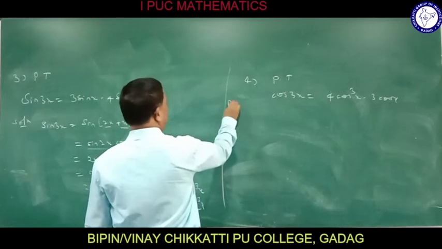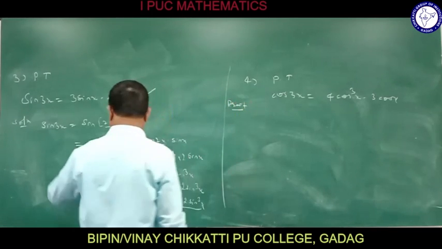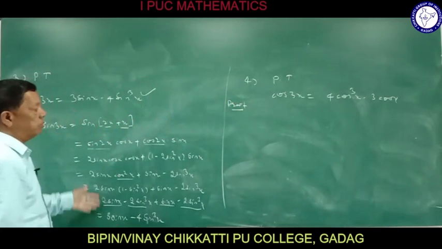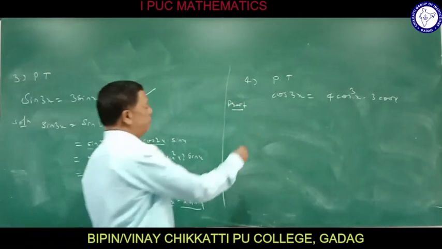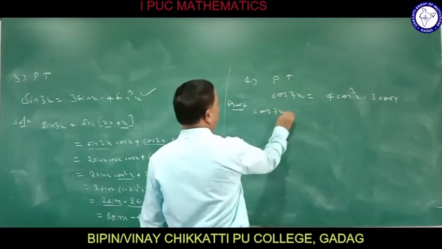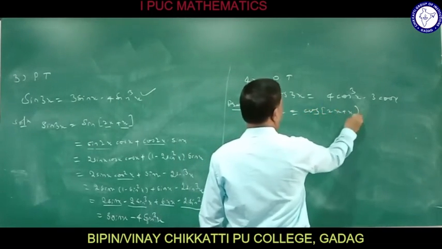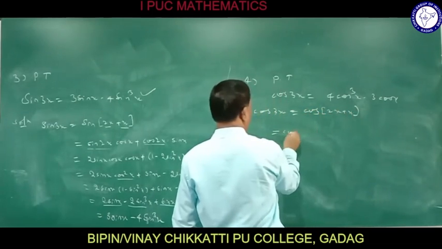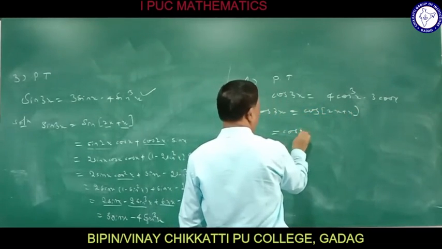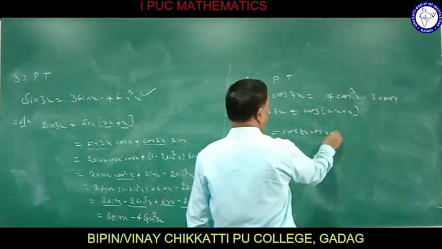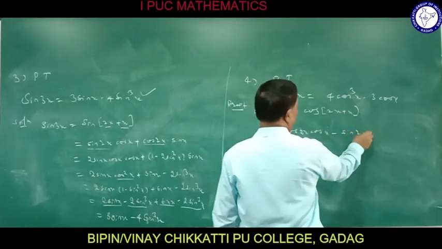Similarly, I want to prove the last one, because it carries 3 marks to prove the result. So here also we do the same thing. Cos of 3x is equal to cos of (2x plus x). And what is the formula? Cos of (x plus y) is cos x cos y minus sin x sin y.